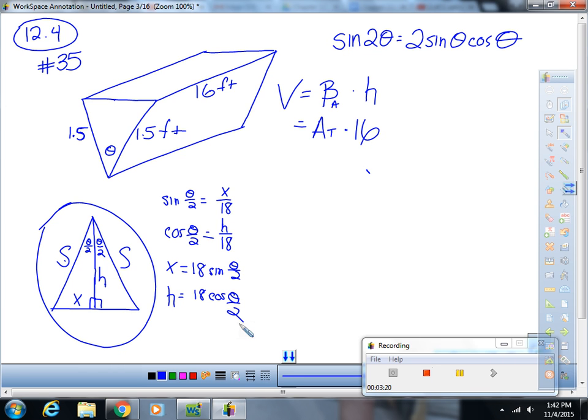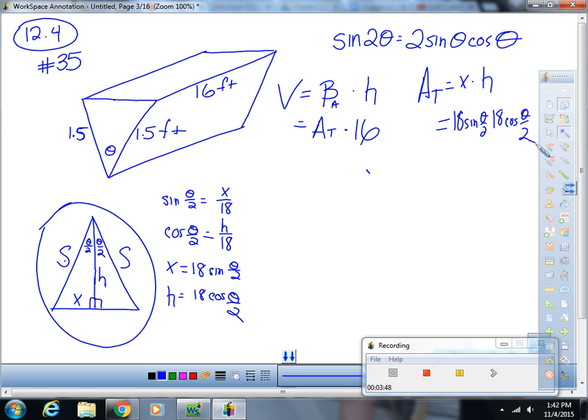So I can express the area of my triangle as half the base, x, times the height, h. So the area of the triangle is xh. Okay? Well, that is just 18 sine theta over 2 times 18 cosine of theta over 2.